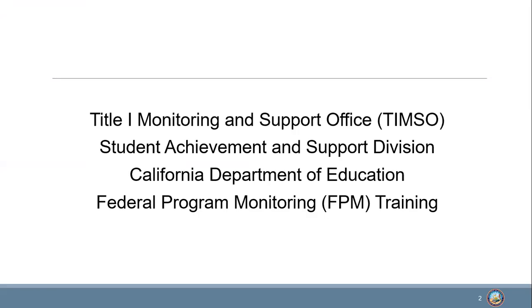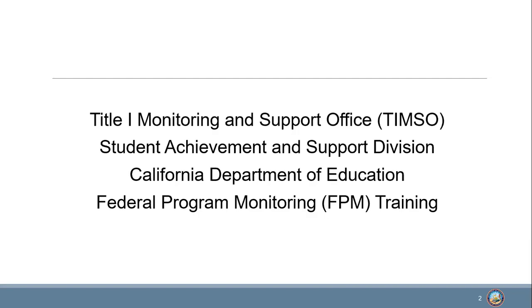Girk and I, along with other consultants, work for an office called TIMSO, Title I Monitoring and Support Office, and many of you are quite familiar with CDE's organizational chart. We work for a division called Student Achievement and Support Division, which falls under the California Department of Education.